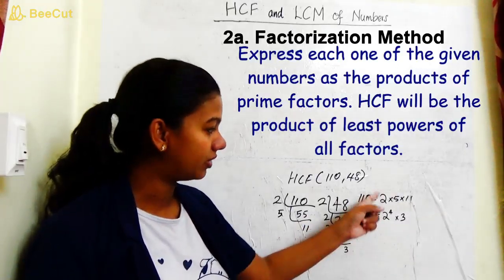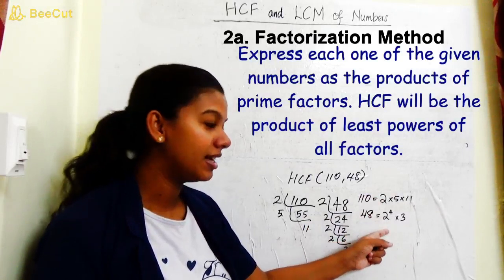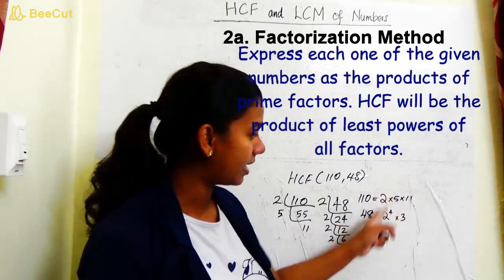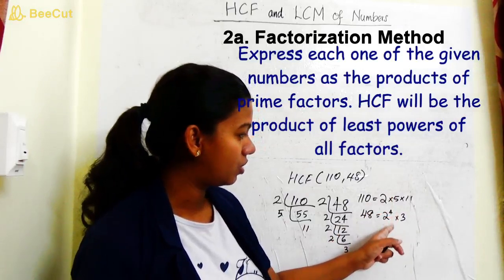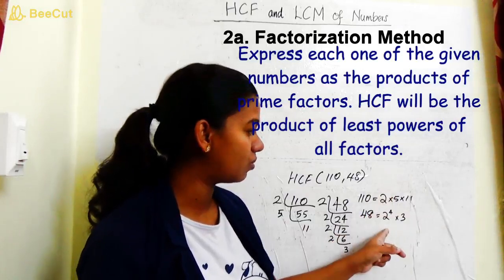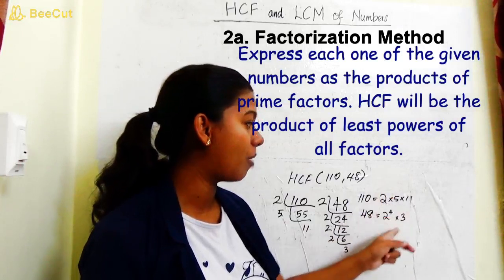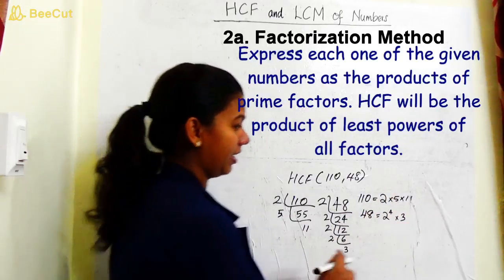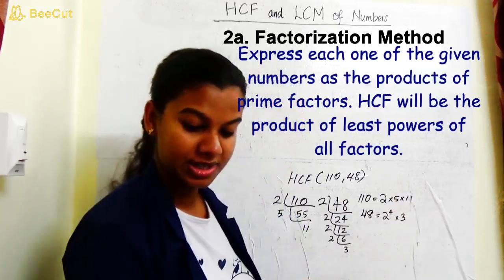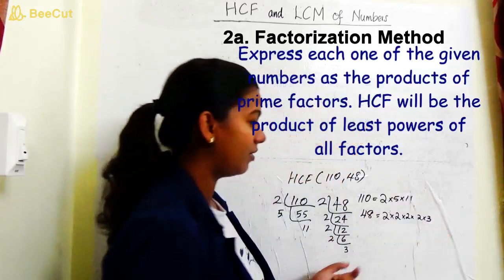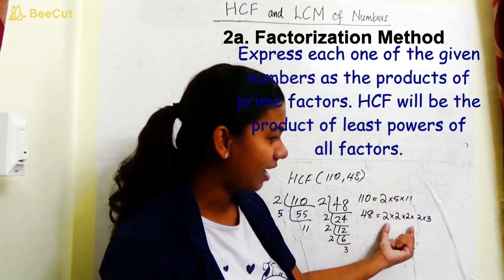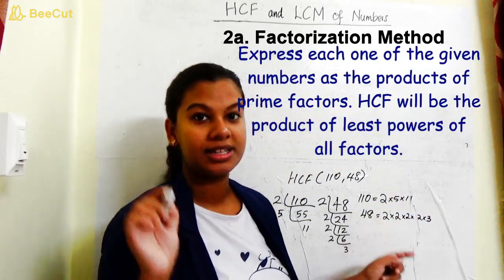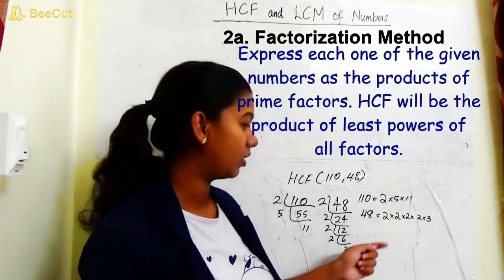So out of this, we have to find the highest value which is common. 2 raised to 1 only, that is only 2 is the highest common value among these factors. Okay. So if we compare, there is only the number 2 which is common.